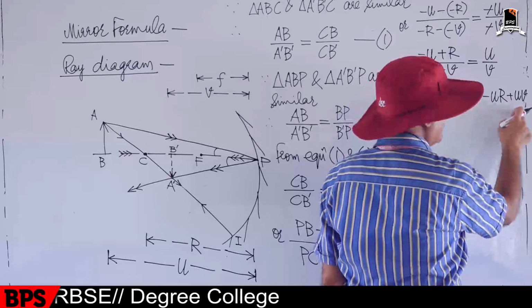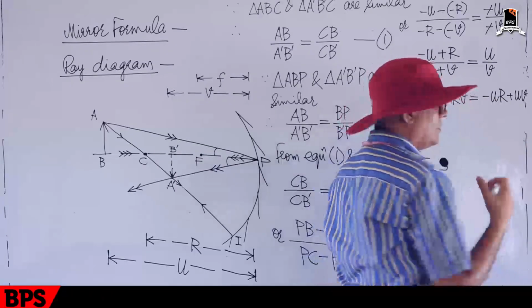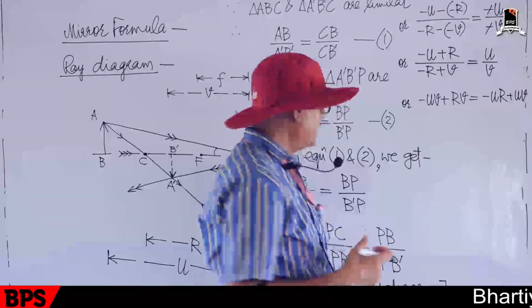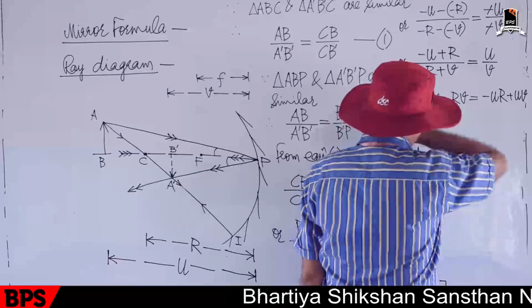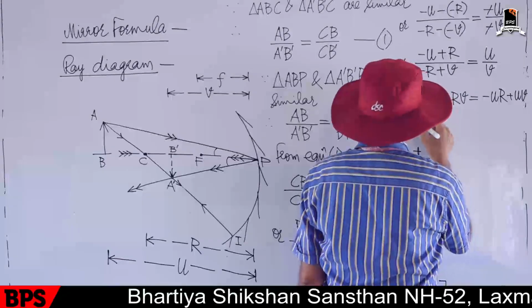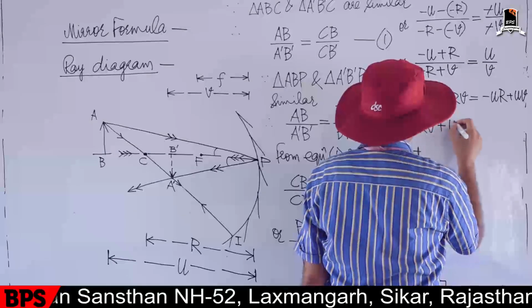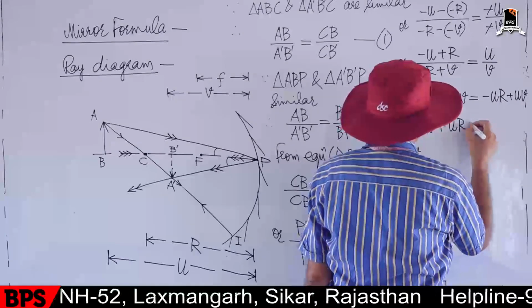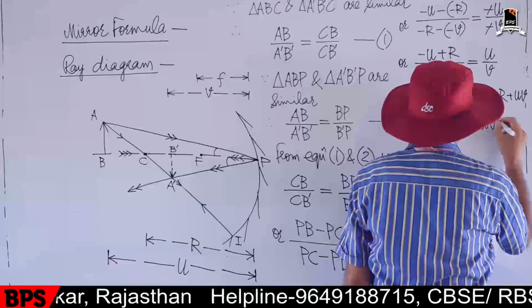This becomes positive on the right hand side, and this becomes positive also on the left hand side. So you will get what? You will get RV plus UR equal to UV plus UV.